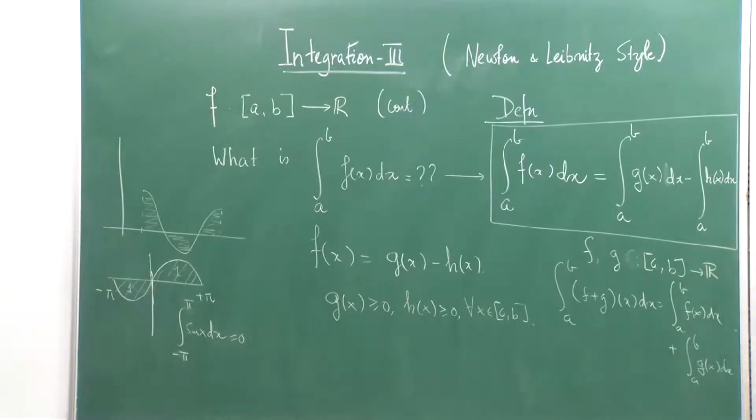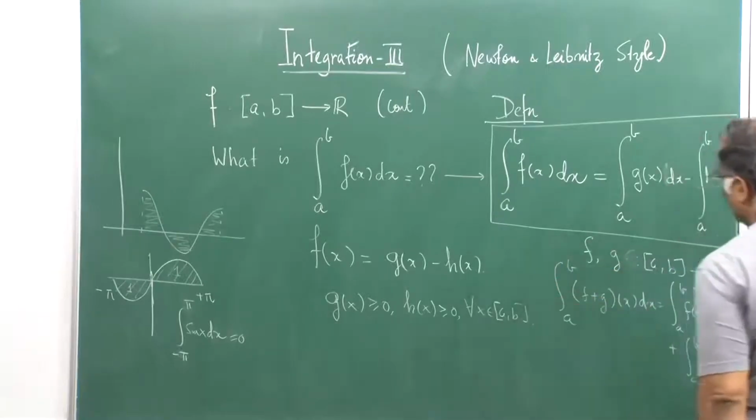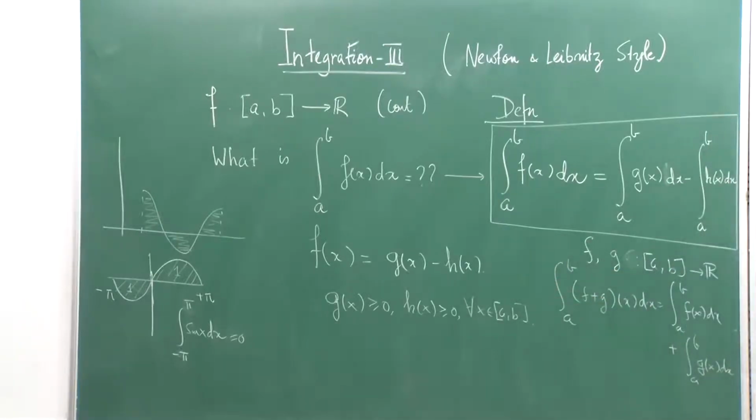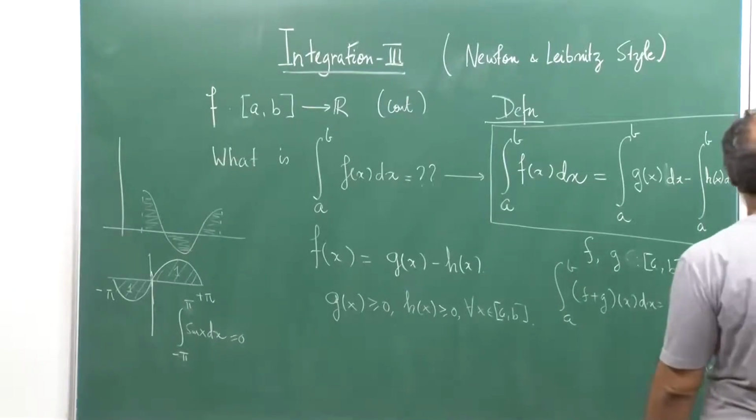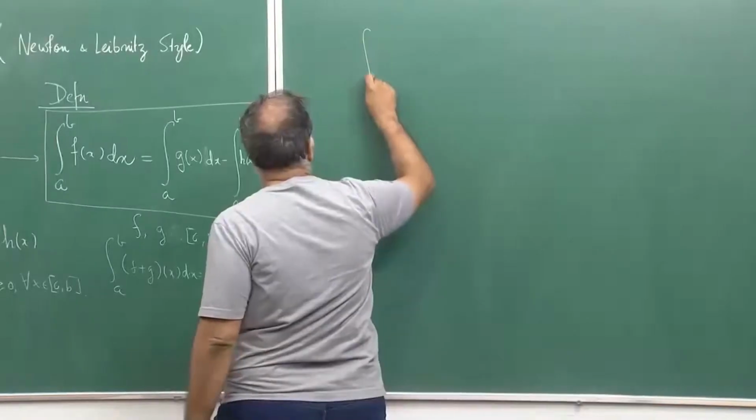Yesterday we showed that if I multiply a function by a positive number, it will come out of the integral. Actually, it will be true for any number. Now, it's very important that you must have seen in calculus books a formula like this.